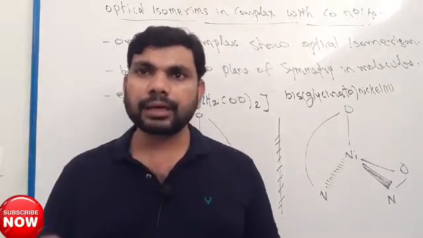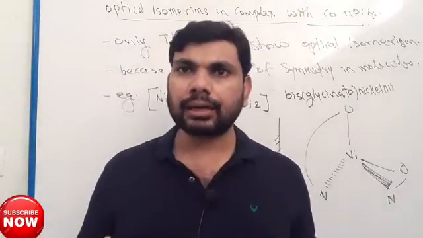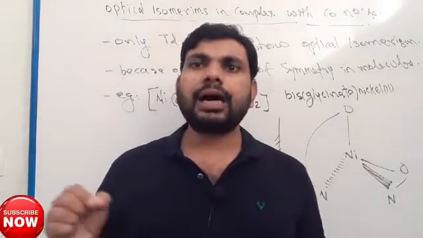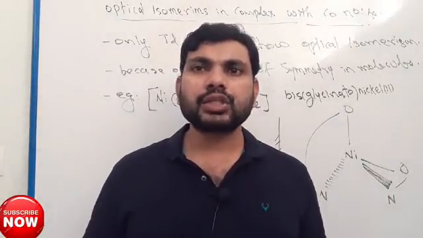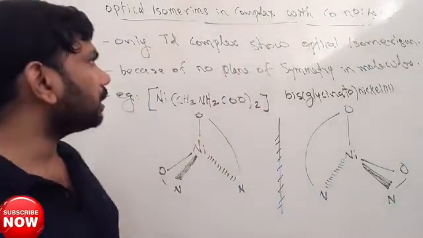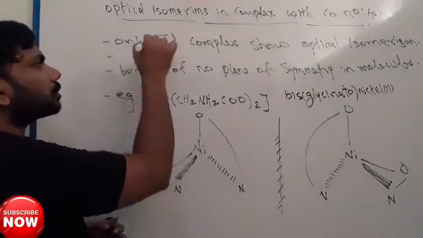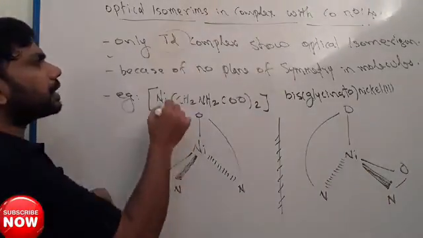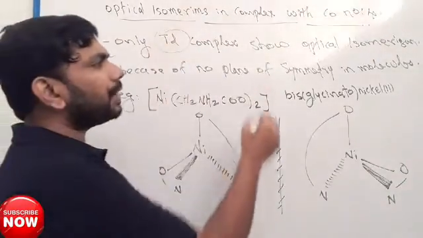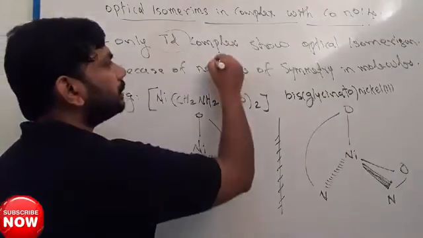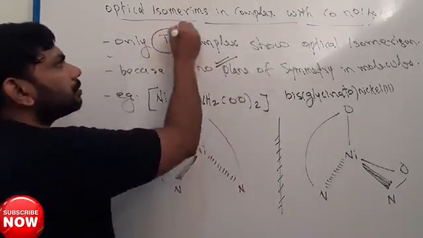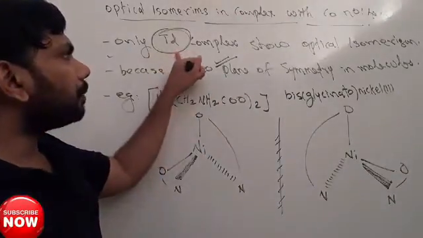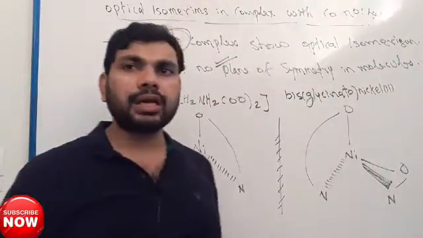Tetrahedral complexes have no plane of symmetry, that's why only tetrahedral complexes show optical isomerism.